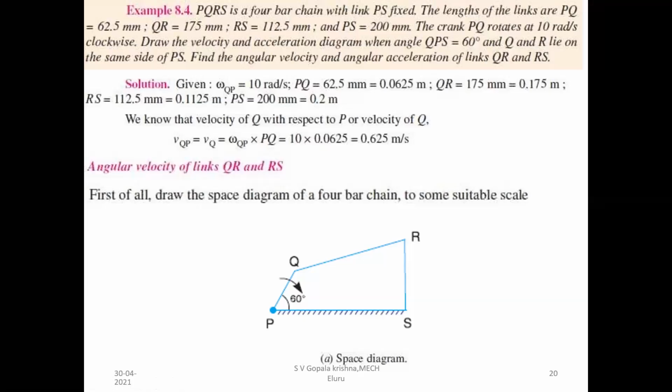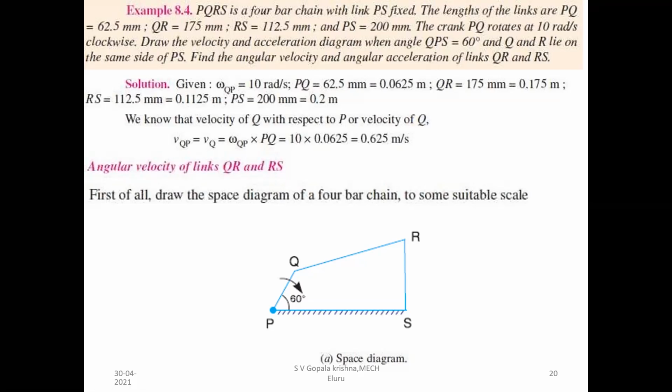The lengths of the links are PQ 62.5 mm, QR 175 mm, RS 112.5 mm, and PS 200 mm.